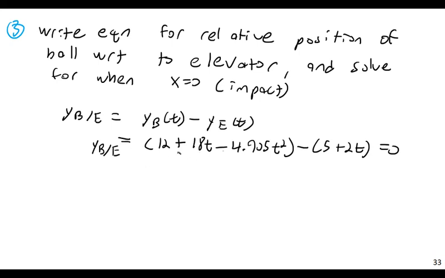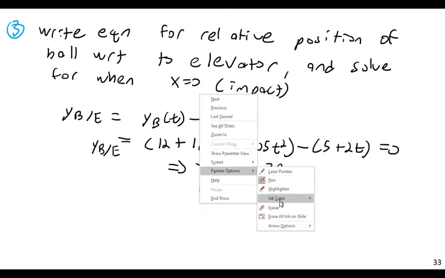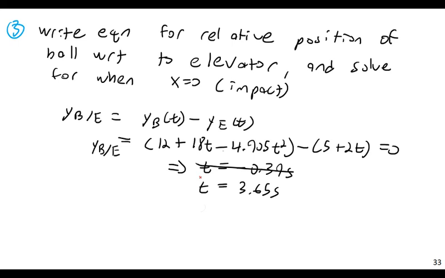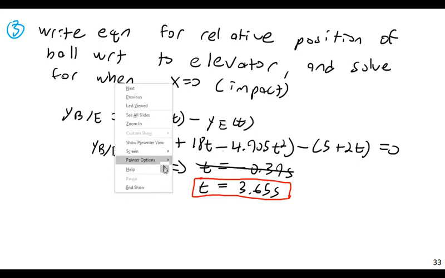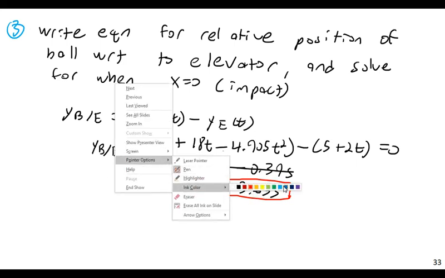So if we solve this for t, I will get that t is equal to negative 0.39 seconds, and t equals 3.65 seconds. I reject the negative one because it's meaningless, and instead I will accept that the moment of impact is t equals 3.65 seconds.